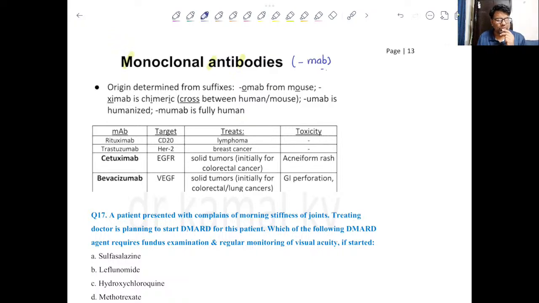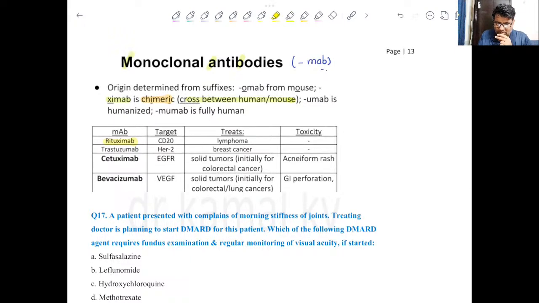MAB, right? So MAB means monoclonal antibody. Now suppose we are discussing about this word rituximab, right? So the moment you have this word ximab, it's actually chimeric, and chimeric means there is a cross between the human and the mouse. So this is ximab or chimeric, which is a cross.